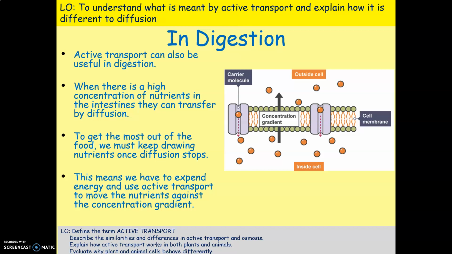So for the remaining particles in the small intestine to move into the bloodstream, the body will have to do that by active transport. You have some carrier proteins that will help to carry the remaining food into the bloodstream, into the cell that's got more particles now. And that's because of the concentration gradient that is created.